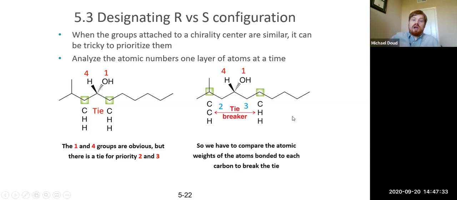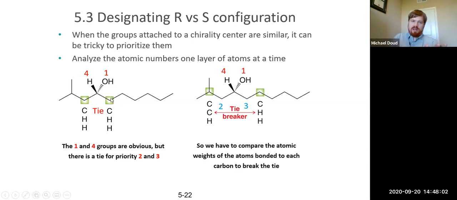Okay, so now it can be tricky if we have chiral centers that are very similar. Like earlier, we had the difference between an ethyl group and a propyl group. Here we have a sec-butyl group, and over here it's going to be a pentyl group or a hexyl group down here. What you have to do is analyze the atomic numbers 1 layer at a time. So here, this is a CH2, this is a CH2. That's a tie.